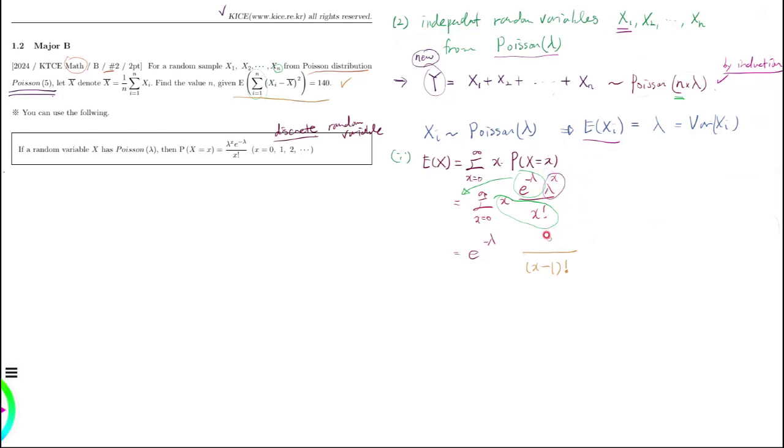And this lambda to the x, I can split it to lambda times lambda to the x minus 1 power, and its sum x from 1 to infinity, because when x is 0, this whole value becomes 0. Okay, 0 times its probability when the random variable takes value 0 is 0, so it does not contribute here.